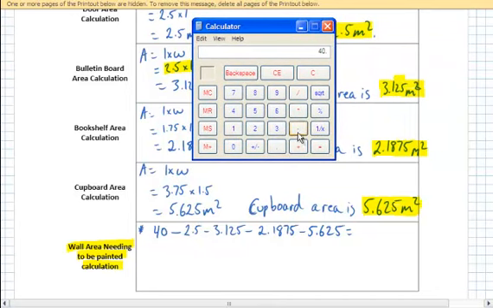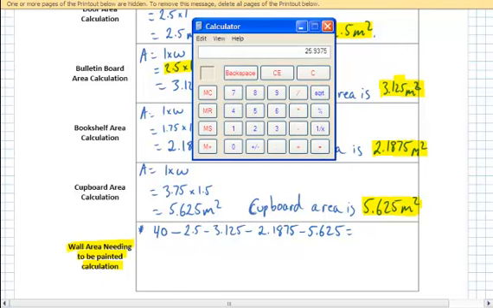So 40 minus 2.5 minus 3.125 minus 2.1875 minus 5.625 equals 25.9375.